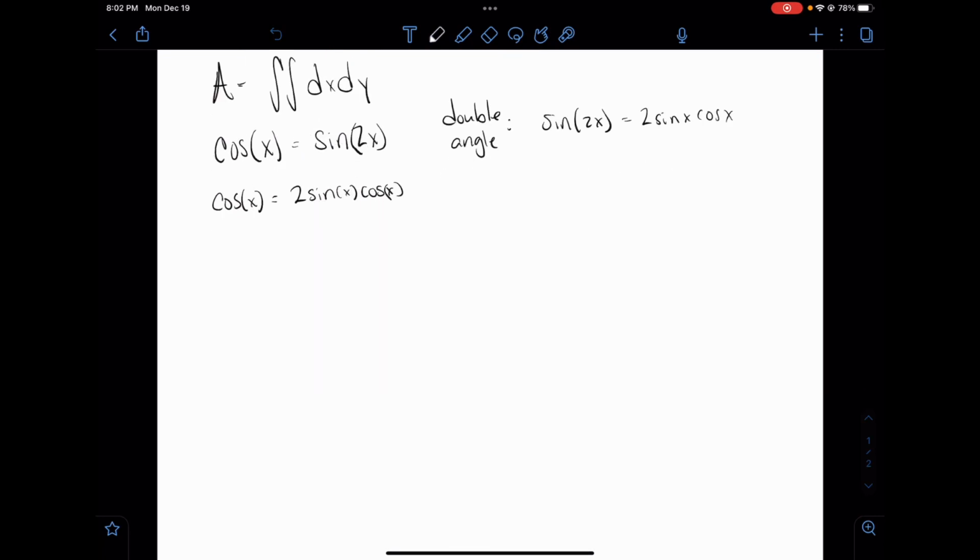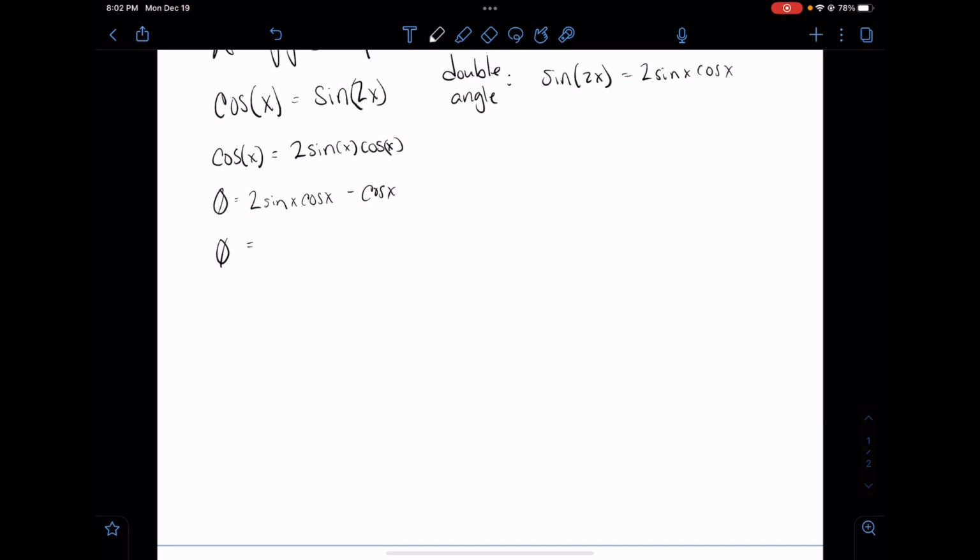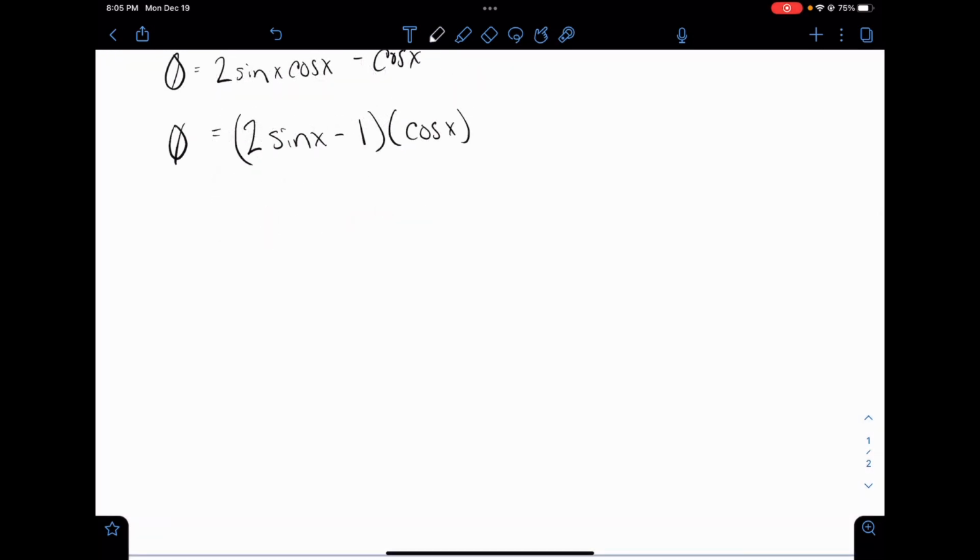Now if we bring cosine over to the other side, we get 0 equals 2 sine of x cosine of x minus cosine of x. We can factor out the cosine, and we'll get 2 sine of x minus 1 times cosine of x, all equals 0. So we need to solve for x in 2 different equations. We have cosine of x equals 0, and we have 2 sine of x minus 1 equals 0.